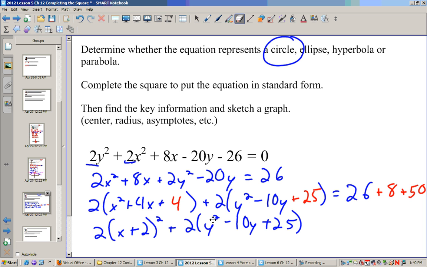Oops. I don't know why I didn't just simplify that there. Because we already have a perfect square, it's just going to be y minus 5 squared. And now my right-hand side is going to be, what's this? 34. So this is going to be 84.